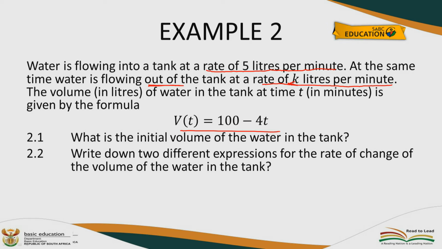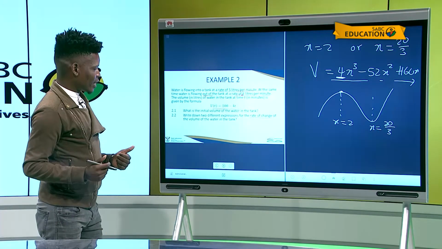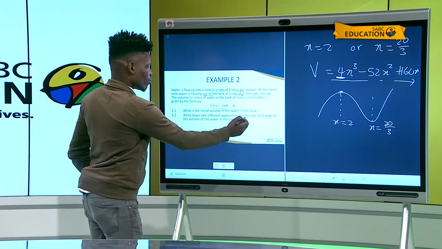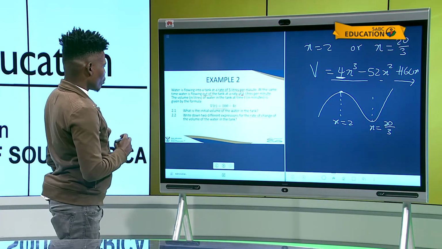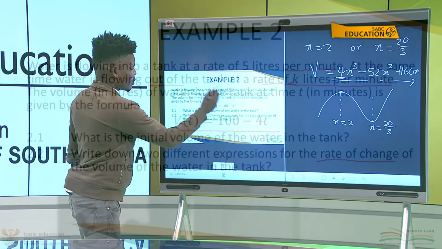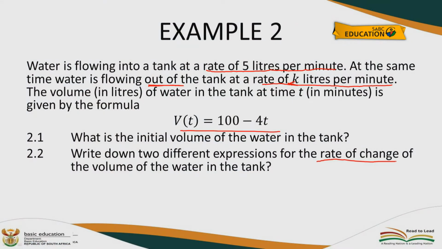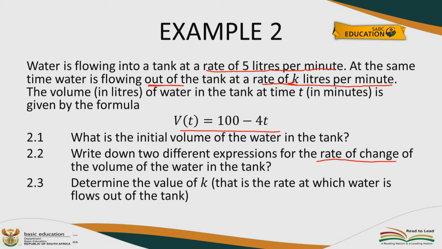So they are referring to rate of change. Remember, rate of change is the derivative. So it means that in this question, we are somehow going to have to deal with the derivative of the function of volume. All right, the next question will be for us to determine the value of k, that is the rate at which water is flowing out of the tank. I told you earlier on that we might later be asked to determine what k is.